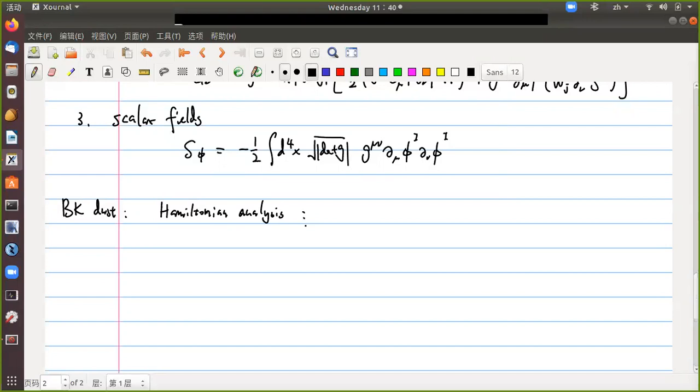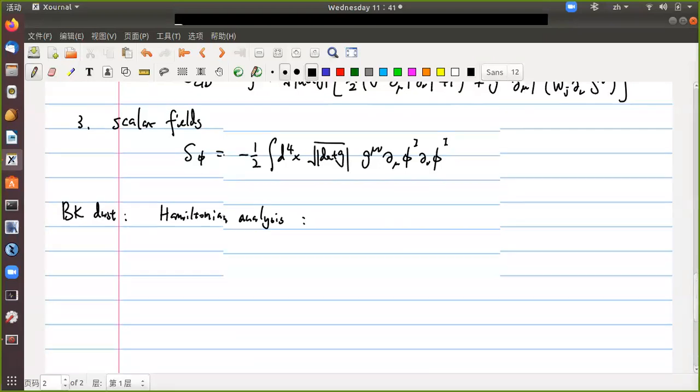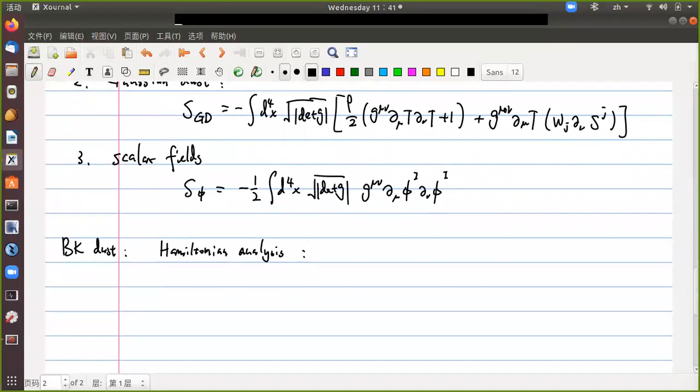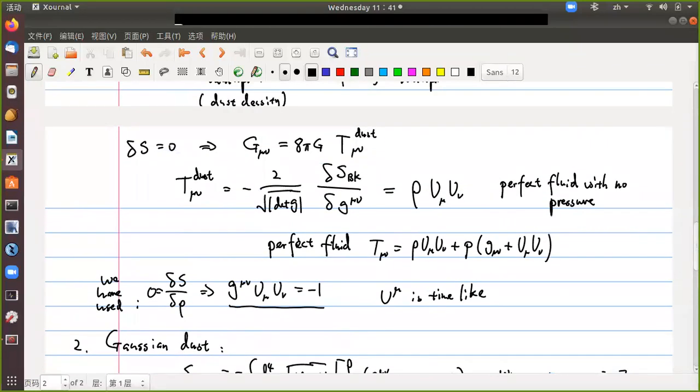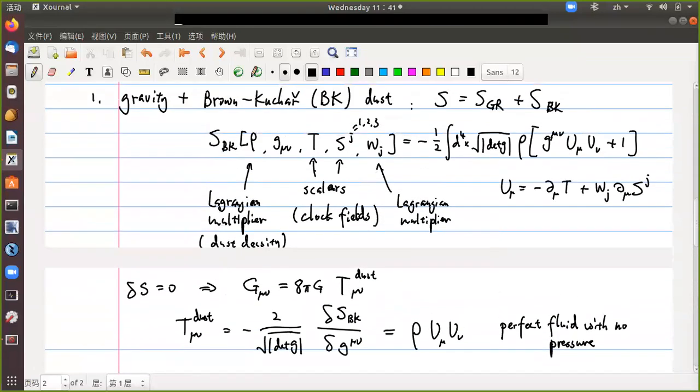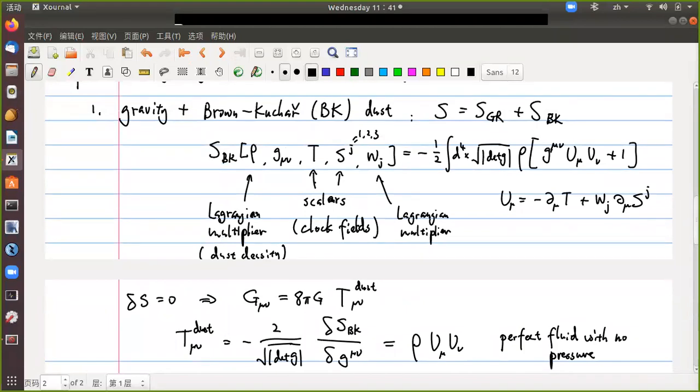Okay, the Hamiltonian analysis. Something you can imagine is that you will get canonical pairs. Firstly, the gravity canonical pair will be the same as before, but now you will have canonical pairs for dust, for the matter degree of freedom. But here, since rho and w are just Lagrange multipliers, in the end you are going to solve them in the Hamiltonian analysis.